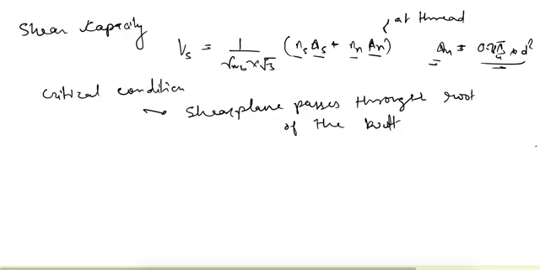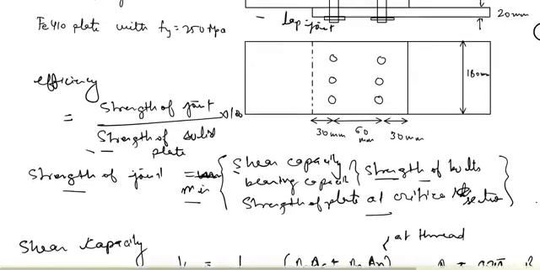Using this formula, because it's a single shear, ns here we are taking as 0 and nn we are taking as 1. So An is equal to 0.78 times pi by 4 d square. What is the diameter of the bolt?